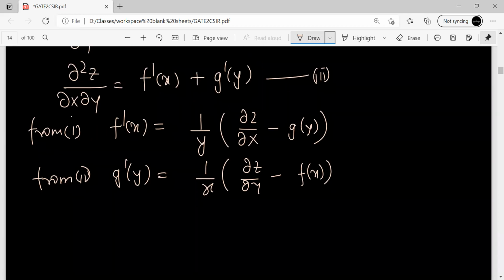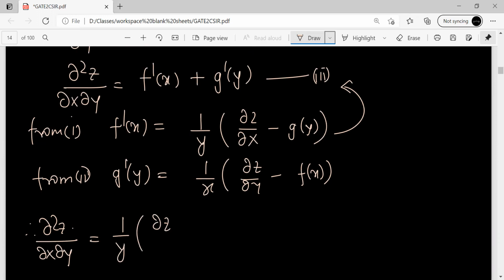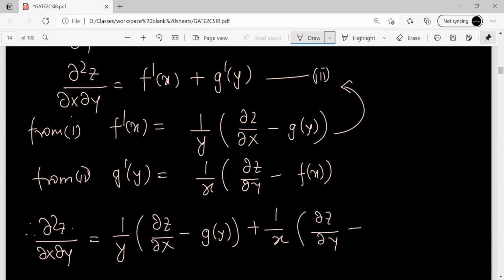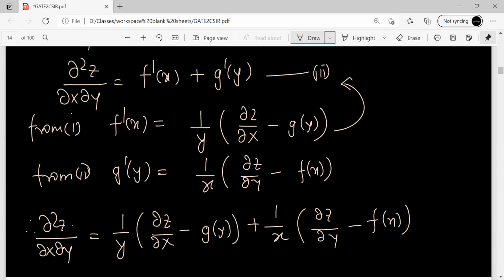So just substitute here, and you are done. Therefore, del squared z over del x del y will be equal to 1 upon y times del z over del x minus g of y plus 1 upon x into del z over del y minus f of x.